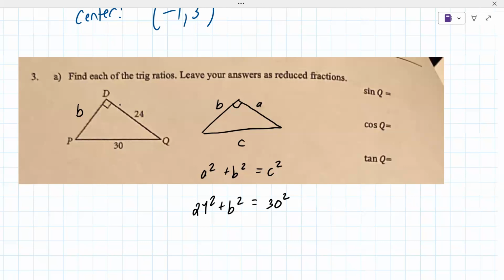24 squared plus B squared equals 30 squared. So then 24 times 24, 30 times 30.